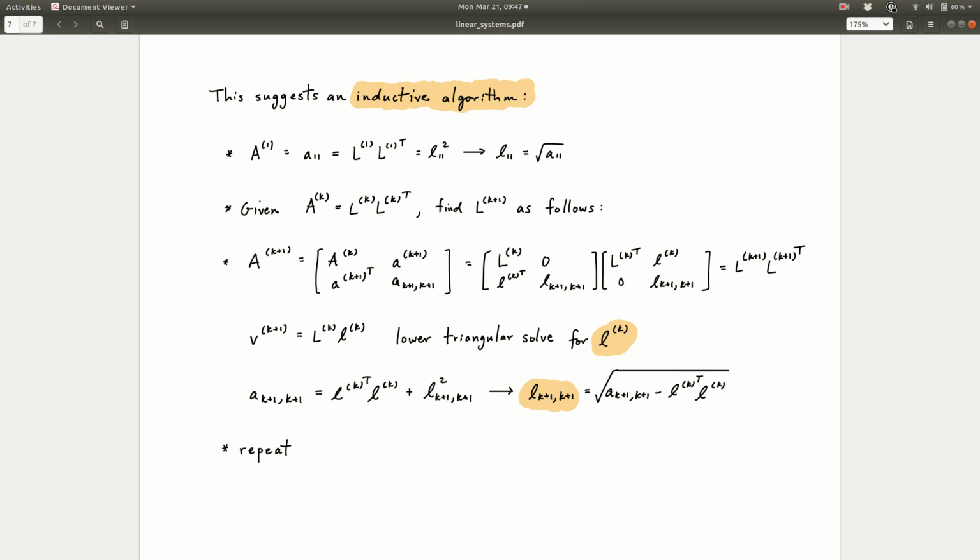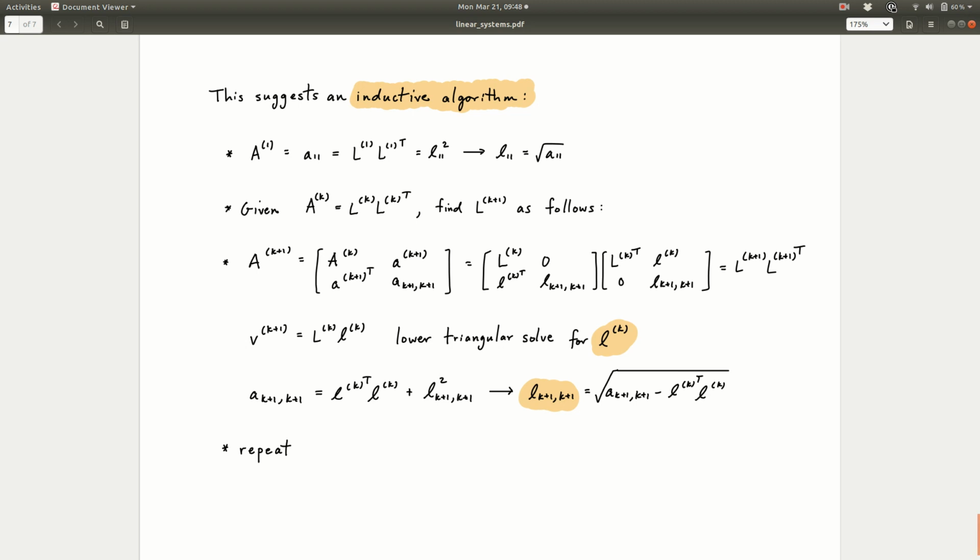By the way, before we conclude here, this looks like kind of a dangerous operation. In order for us to take this square root and get a real answer on the left side here, this diagonal entry of A has to be larger than this inner product.